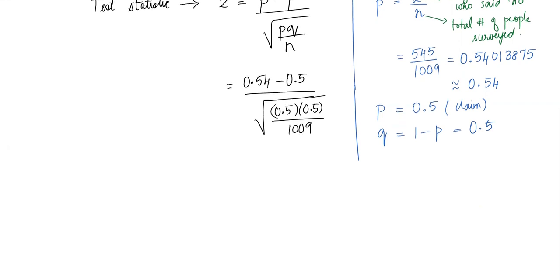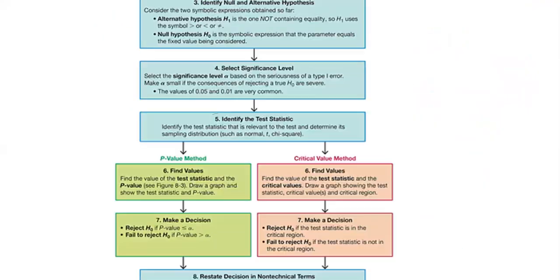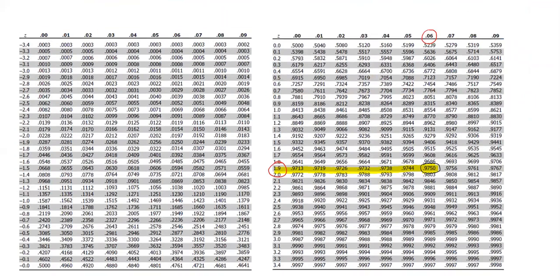Because this is a z value, you will be using the table, right? If you're using the calculator, well, it does things for you. But if you're using the table, that's how I'm going to explain it here, because I can't show the calculator. In the table, if you recall, I used this in a previous example, your z values go only up to 2 decimal places. For that reason, we will also remember to round to 2 decimal places.